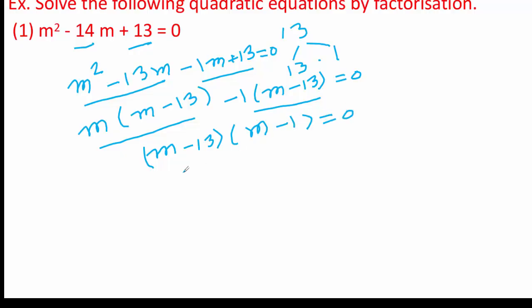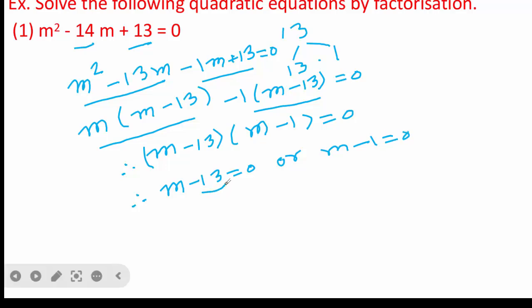We know that if the product of two terms is 0, then at least one term is 0. Therefore, m minus 13 equal to 0 or m minus 1 equal to 0.